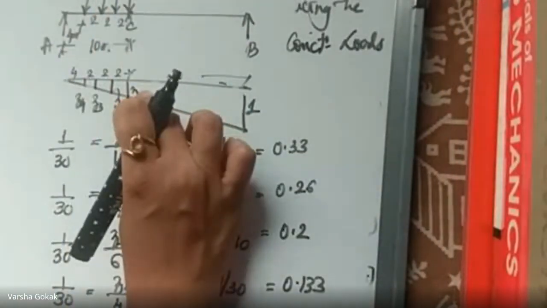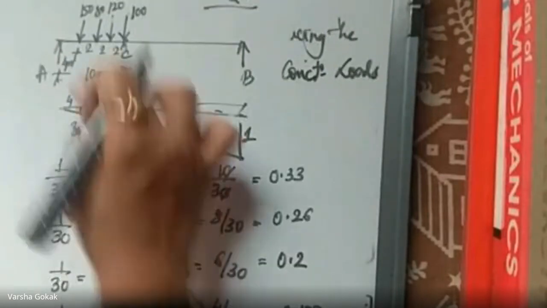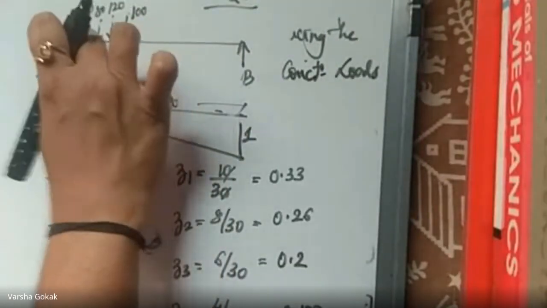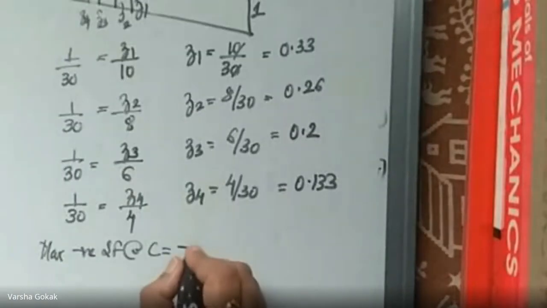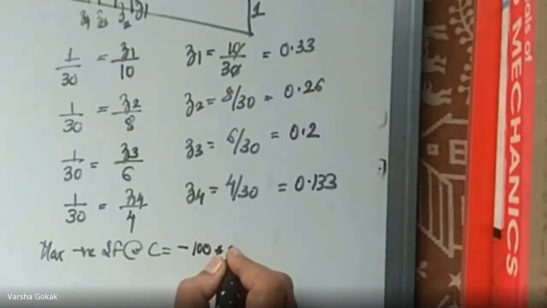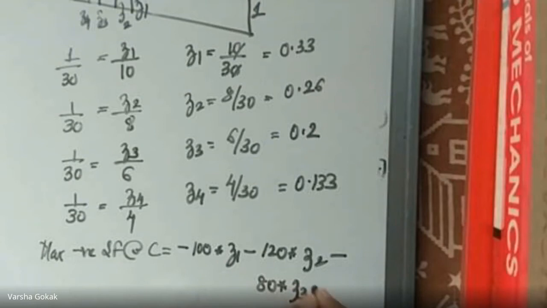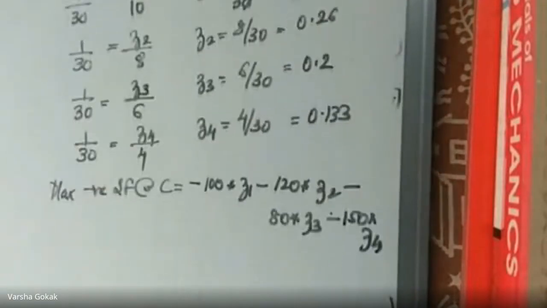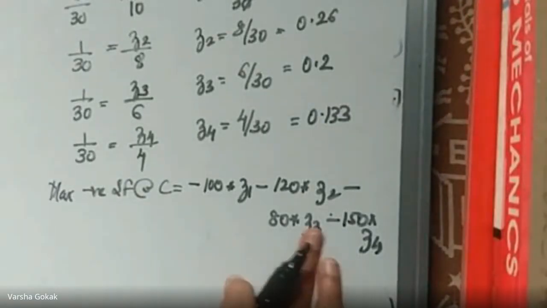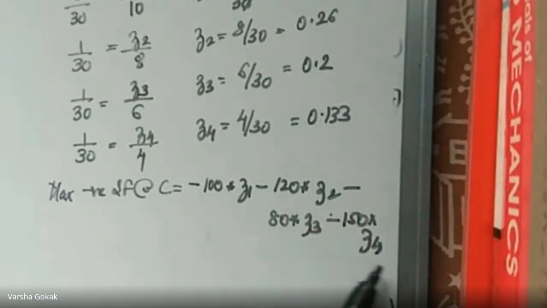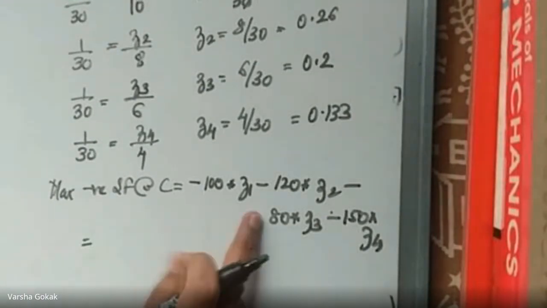So minus 100 into Z1, minus 120 into Z2, minus 80 into Z3, and minus 150 into Z4. You don't have to put minus signs if you get confused. You can write all in plus and at the end put a negative sign saying it is a negative shear force. That is also fine, but this is always a good practice.